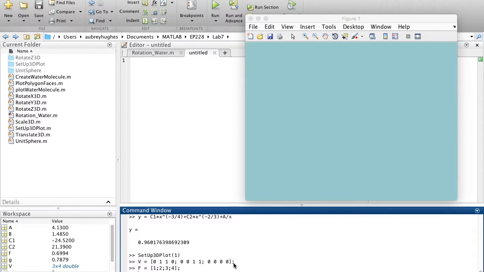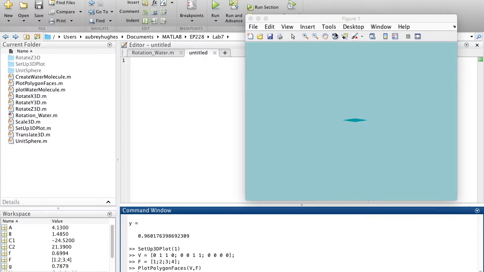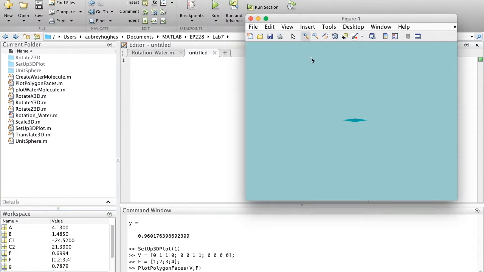So that creates a cube face, or a square. Now we can use our plot polygon faces using V and F, and you can see that we have this little square.